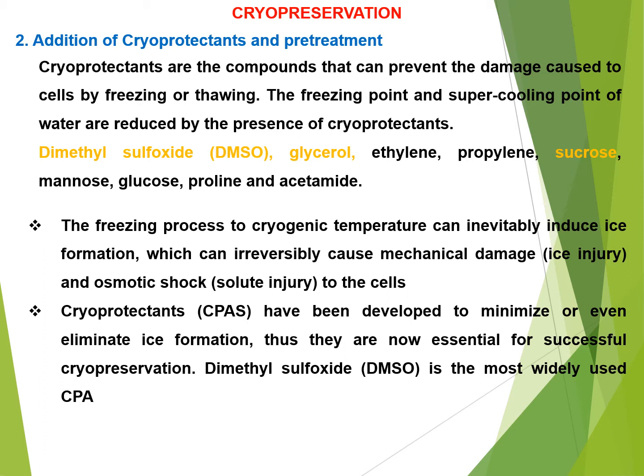This can be prevented by addition of certain chemicals or cryoprotectants like DMSO, glycerine, ethylene glycol, sucrose, mannose. These cryoprotectants also help to protect the tissues during the thawing process.